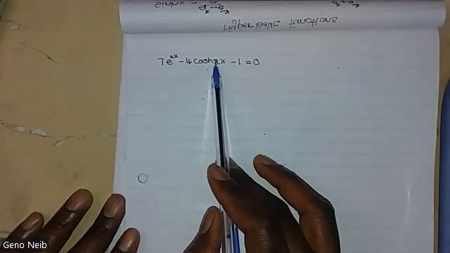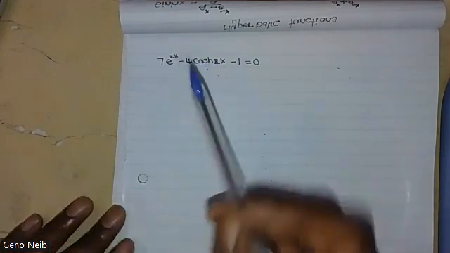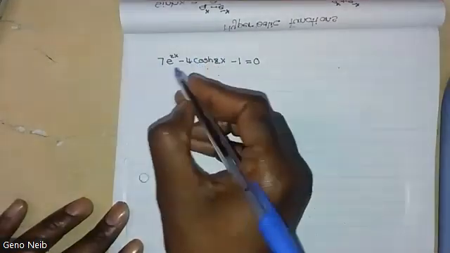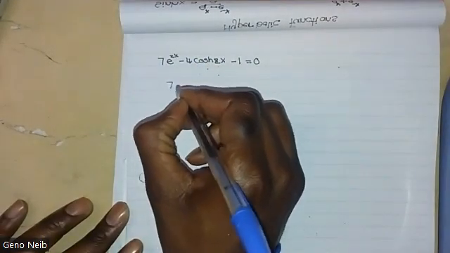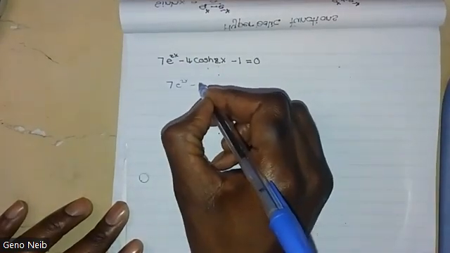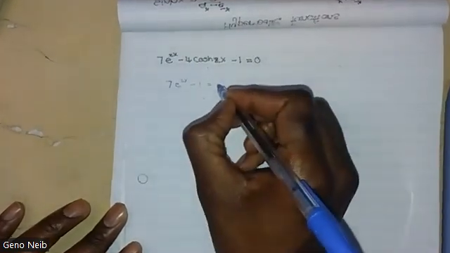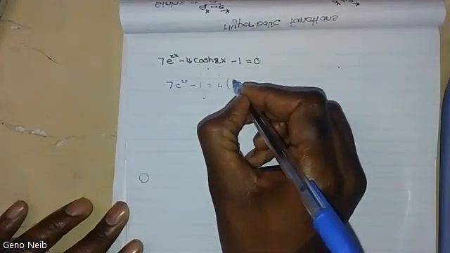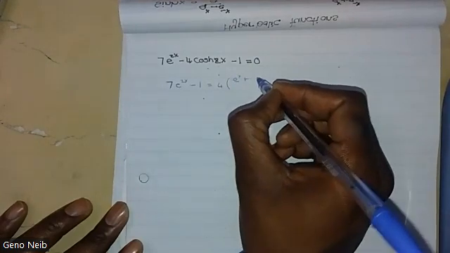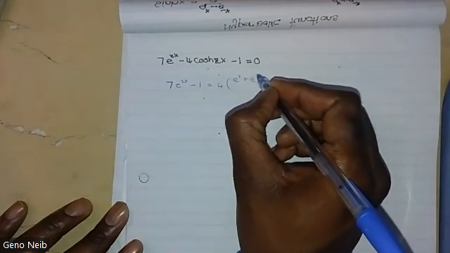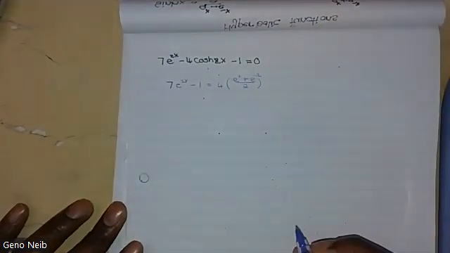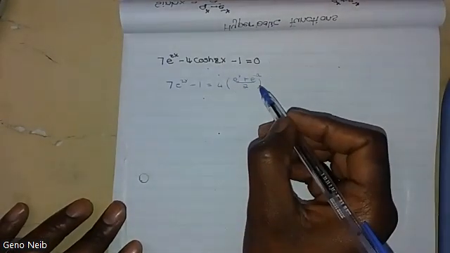Let's take these to the right hand side, and then we will have 7e to the 2x minus 1 equals positive 4 of e to the x plus e to the negative x, divided by 2.